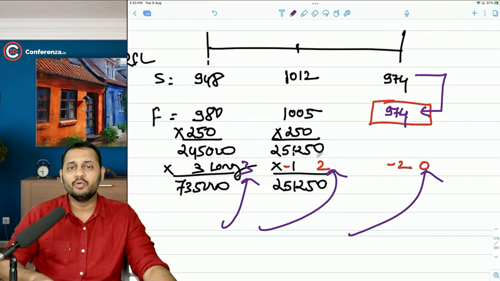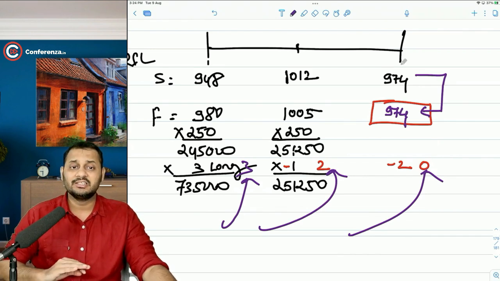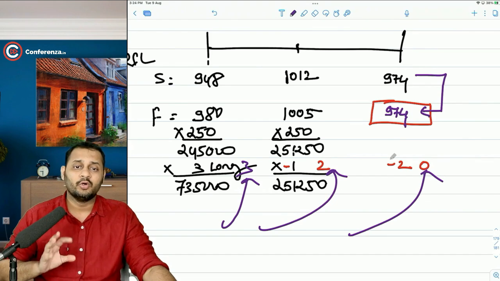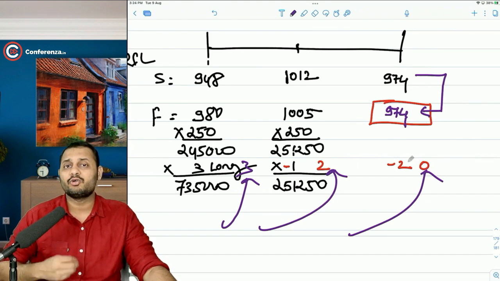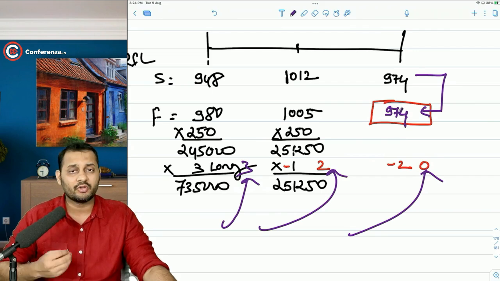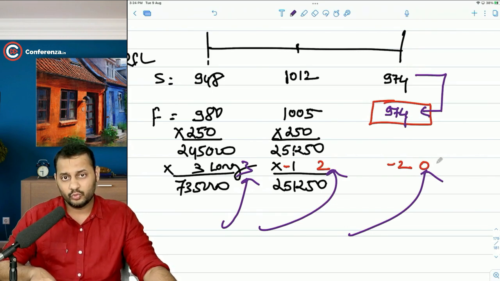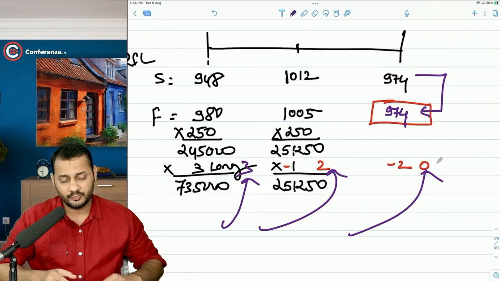Here there are 2 lots in the open interest, and here there is nothing in the open interest. Everything is closed. At expiry there is no open interest left, because whatever the open interest is on this date will get automatically settled at 974. If you buy or sell, square it or not, it will get automatically settled. So at expiry the open interest will always be 0. This is what the open interest is.